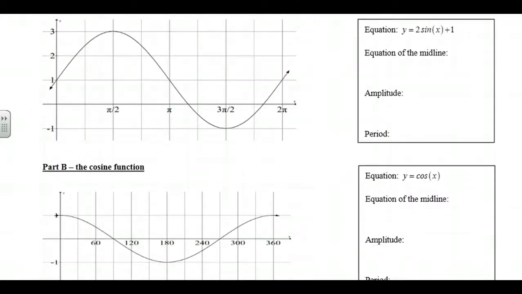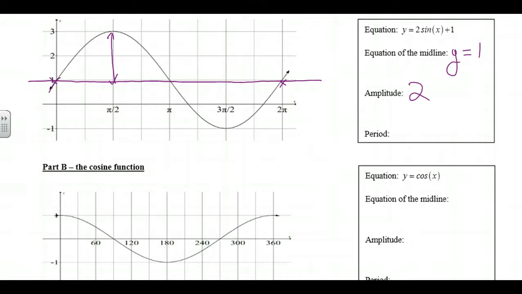Y equals 2 sine x plus 1. What's the equation of the midline? Y equals 1. How am I not getting this? What's the amplitude? 2. What's the period? So we're looking at how long does it take to complete one cycle? 2 pi.